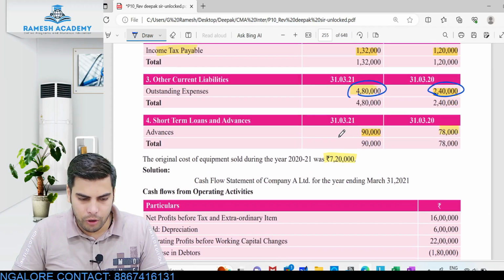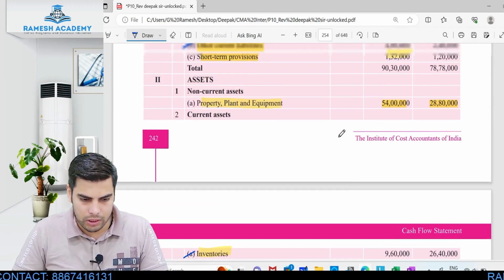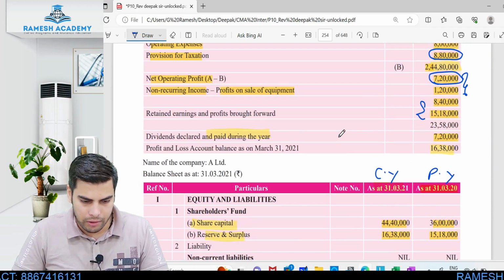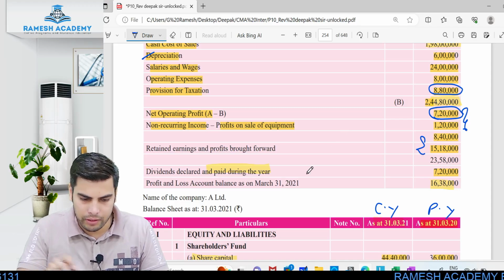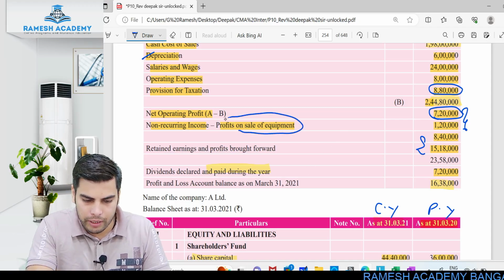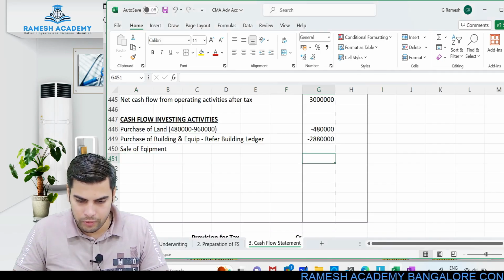Have they given any profit or loss which was made on this particular sale of equipment? Just check once in the P&L account. Yeah, here if you see they have given profit on sale of equipment. Do you find this? 1,20,000 rupees. So I'll just write it over here.